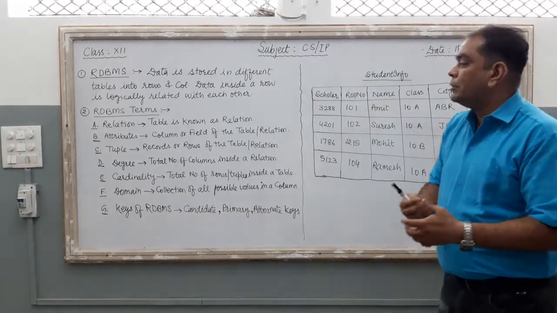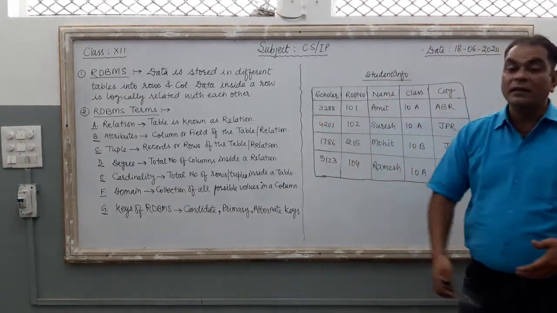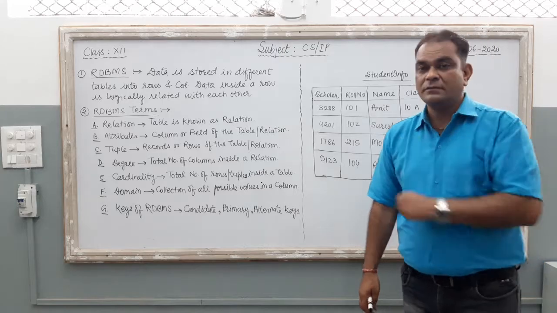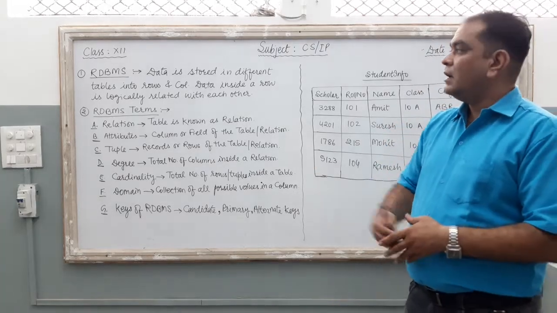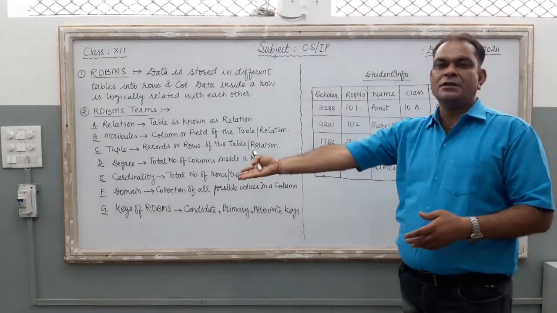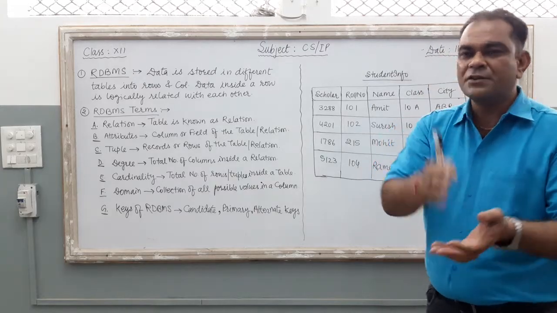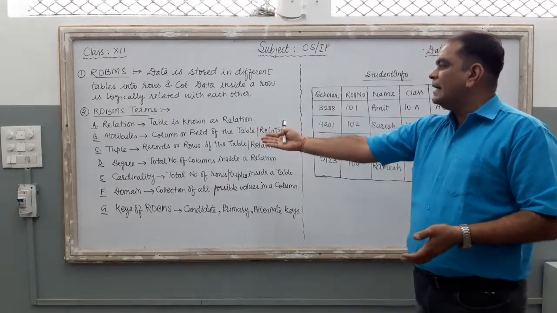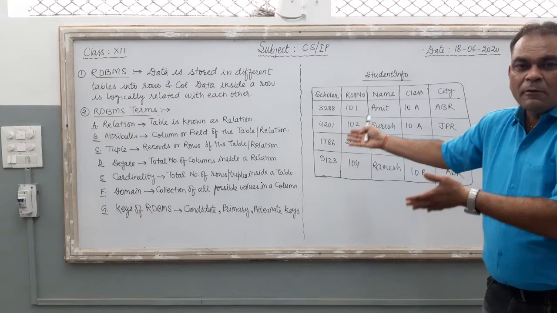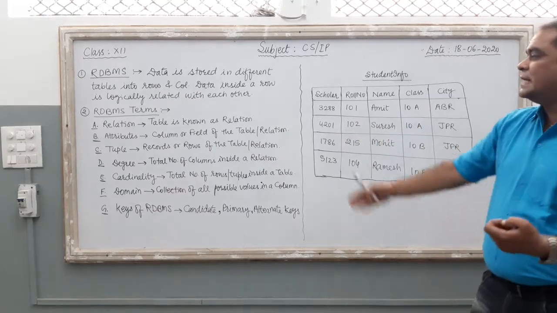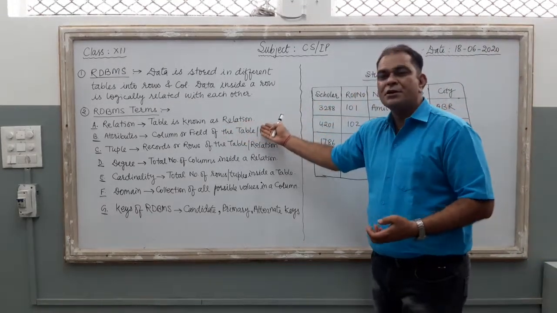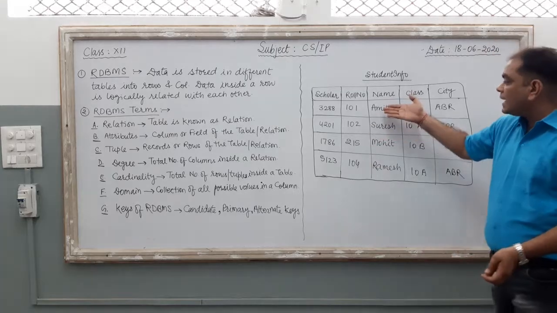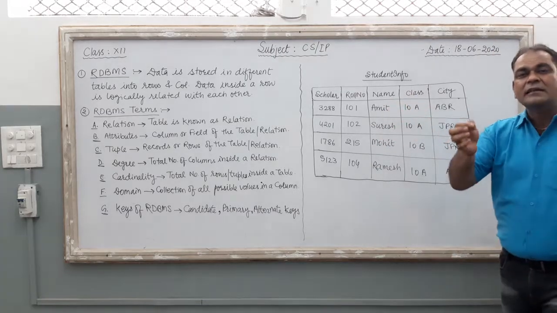Now we are going to understand them one by one. The first term is relation. What is relation? In RDBMS, R stands for relation. Relation is another name for table only, or we can say a table is known as a relation, the technical name of a table.